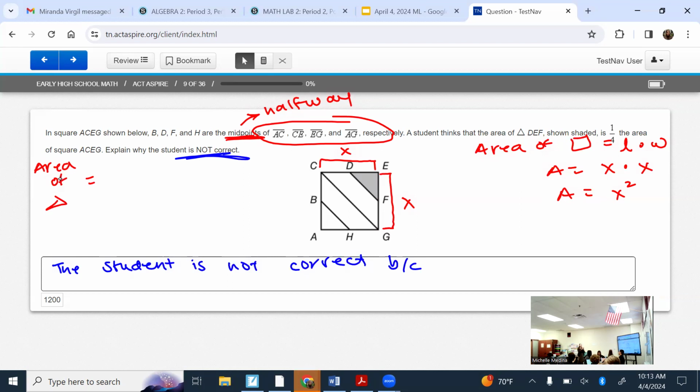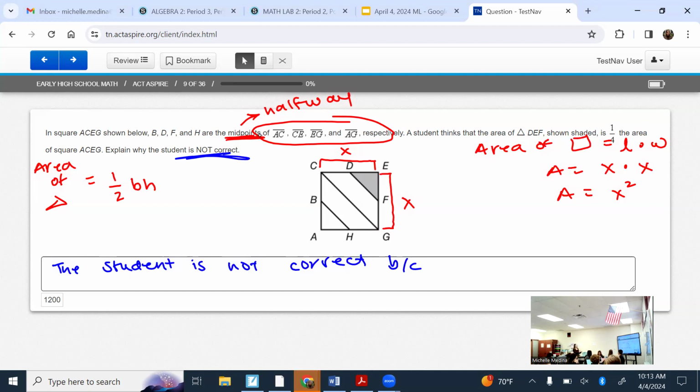So if the area of a rectangle is length times width, then the area of a triangle is 1/2 length times width, or for a triangle, we more so call it base times height, but same difference. So they expect you to know the area of a triangle formula. For me, that's one of the easier ones to remember because I know half a rectangle makes a triangle.